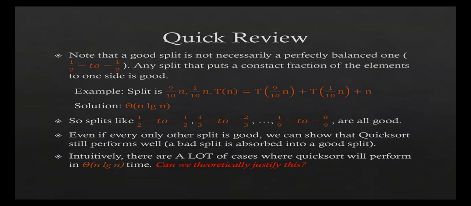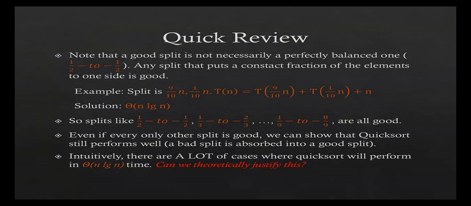Note that a good split is not necessarily a perfect balance. That means it doesn't mean that we need half and half, where the left sub-array has half of the elements of the main array and the right side also has half of the elements. It doesn't mean that is the perfect balance.